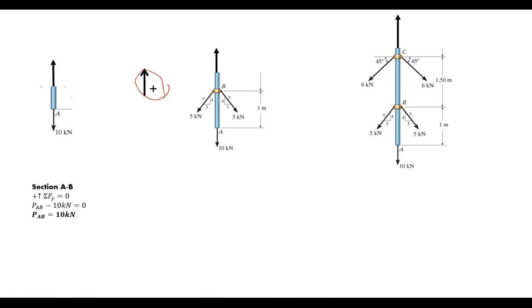I look at the first segment, sum of forces in the y is 0, assuming this thing is in equilibrium. And the reaction in AB is just going to be the difference between that and 10 kilonewtons, meaning it is just going to be 10 kilonewtons. So that is the first load.